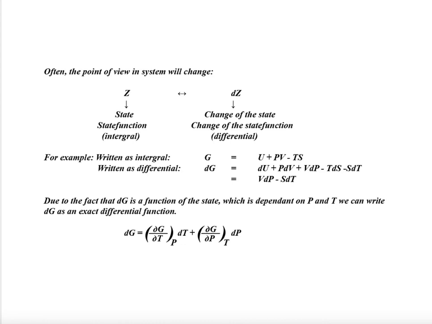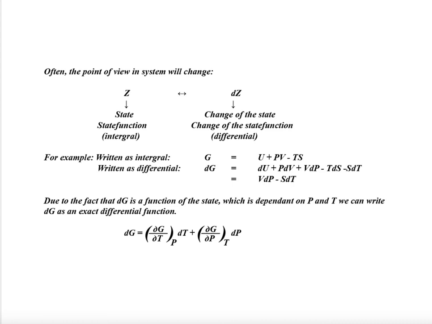Then we are forming there a differential. And that describes the change of the state and the change of the state function. So we can, for example, write it as an integral, then we have G is U plus PV minus TS, where we have now all our variables from the beginning inside.